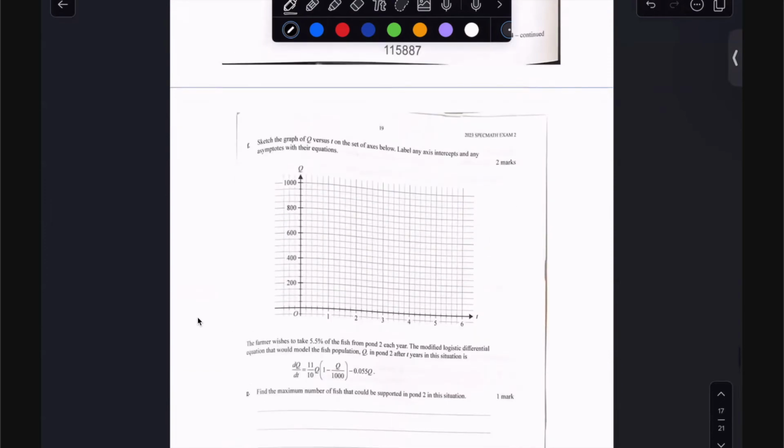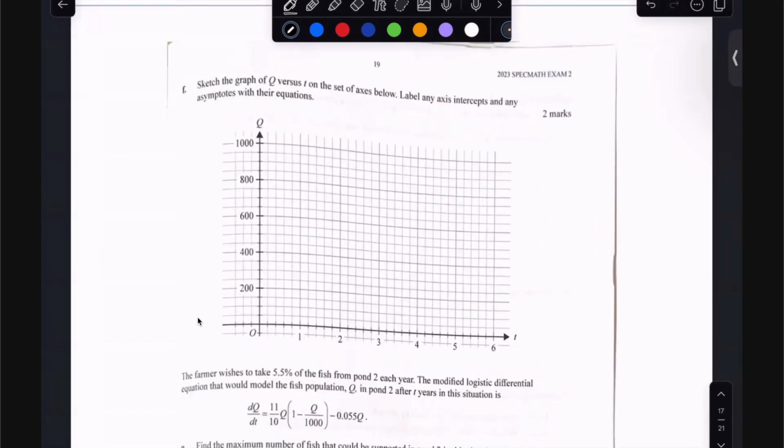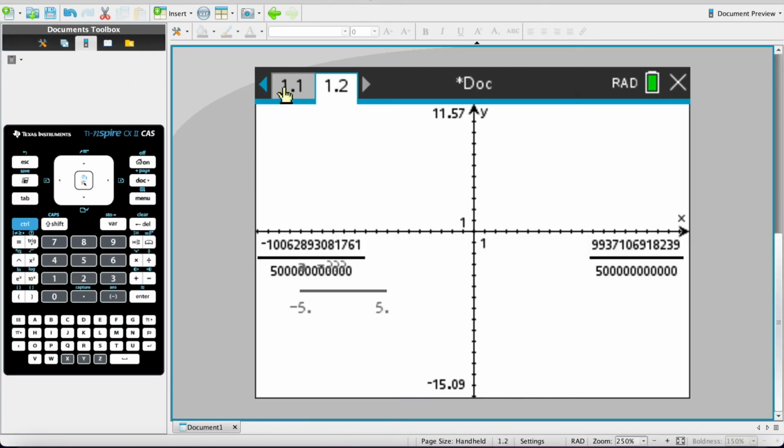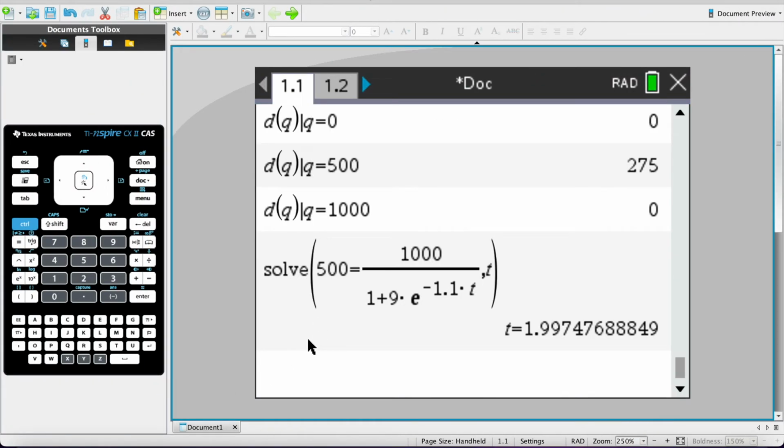Sketch the graph of Q versus t on the set of axes below. Label any x-intercepts and any asymptotes with their equations. Alrighty. So let's just go to the CAS. Now I'm just going to define Q of x.